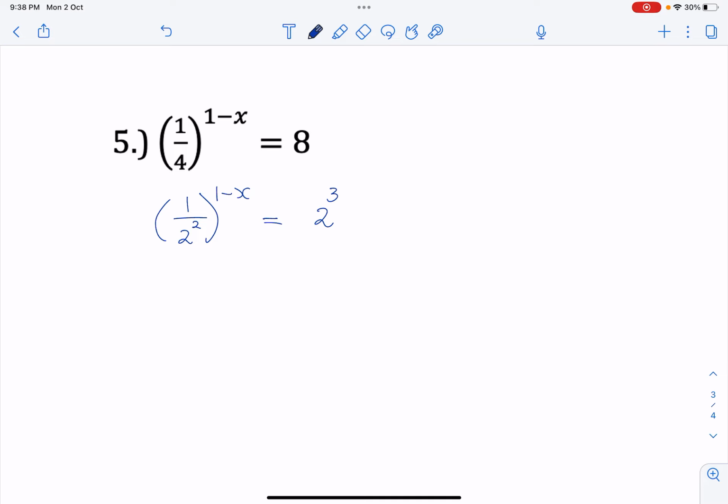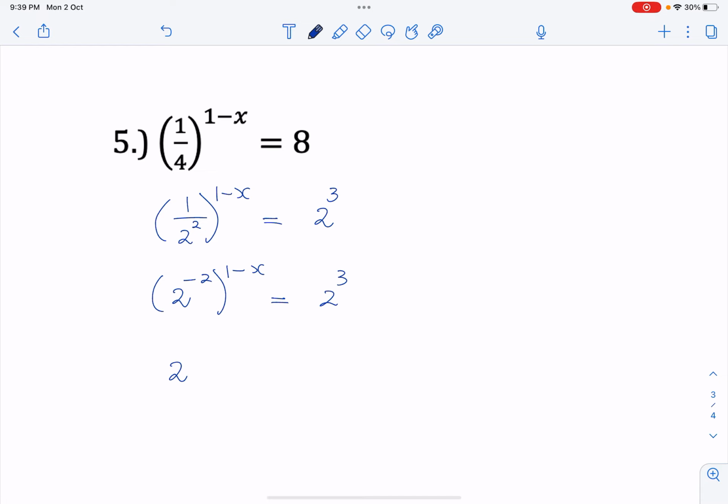Inside this bracket, according to the negative power rule, we can write it as 2 power negative 2, and then again power 1 minus x.